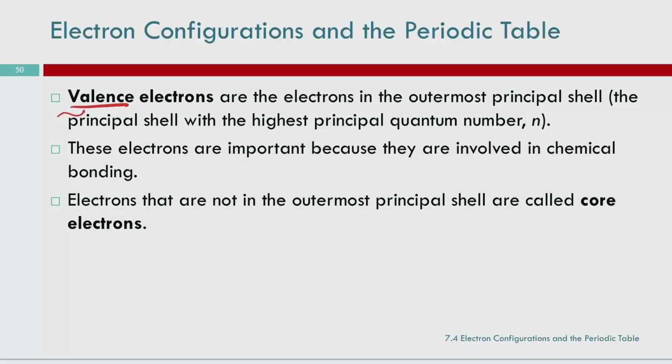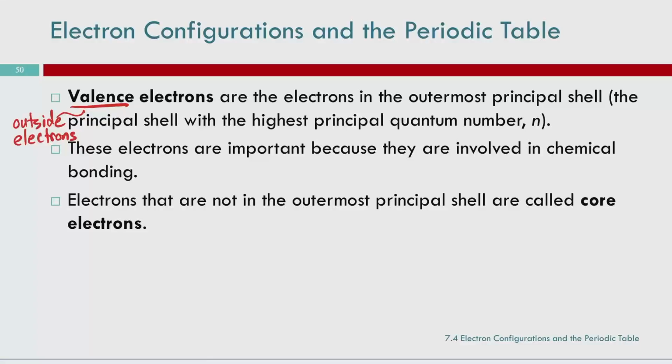Valence electrons are basically outside electrons. This is our outer shell of electrons. So if you remember from the Bohr model, we had the different rings. n equals 1 was our most inside ring, then after that we had n equals 2, n equals 3, n equals 4, etc. We're basically thinking about those rings as shells of electrons.